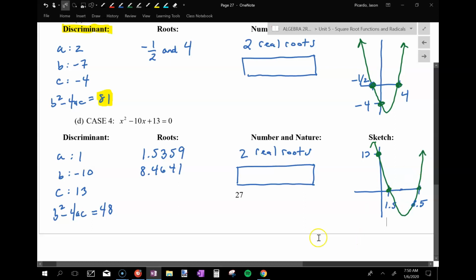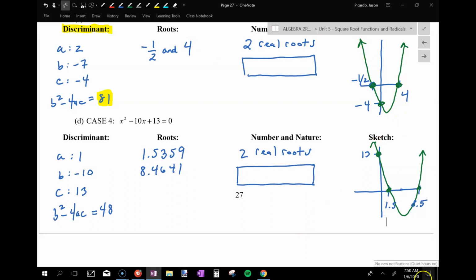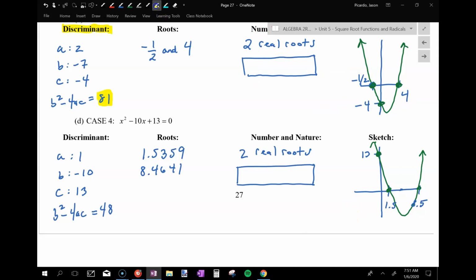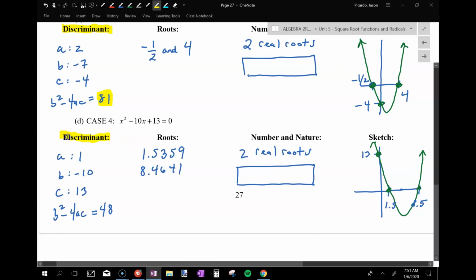So would you guys agree that the sketch here in our 3rd example and 4th example is very similar? 2 roots, real roots. What can I do in these boxes to be a little bit more specific about the difference between this and this? Well, before you answer that, the discriminant in the 3rd example was 81, right? The discriminant in the 4th example was 48.